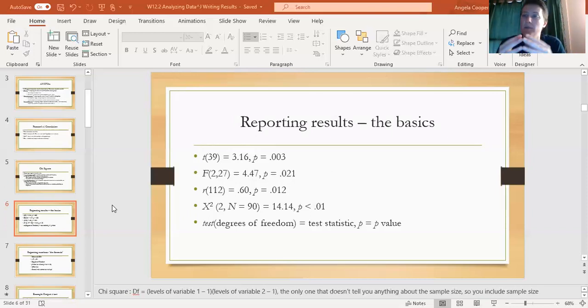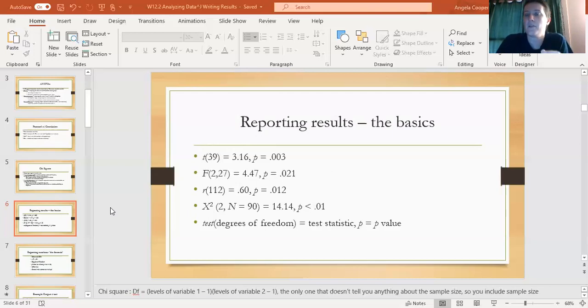You have r, that's Pearson's r, with your degrees of freedom, your r statistic, and your p-value. Your chi-square is the x squared, although that should be chi, the Greek letter chi. The 2 is your degrees of freedom, and then your n, your total sample size, and it pretty much equals the test statistic, comma, p-value equals whatever.